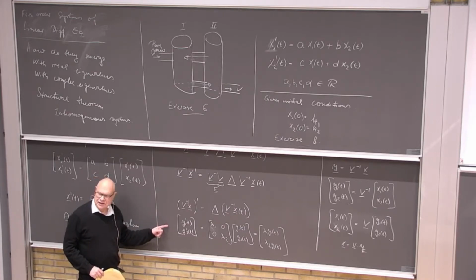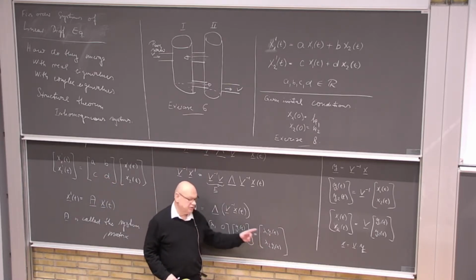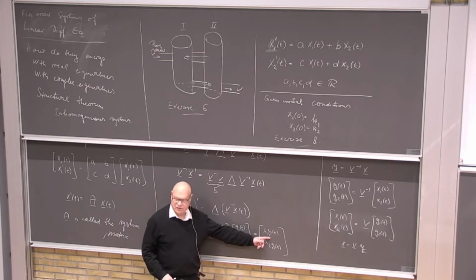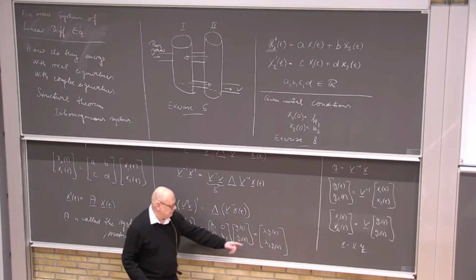And this is truly nice, because what you have obtained now is that the system is decoupled. You see, now the derivative of y1 only depends on y1, and the derivative of y2 only depends on y2.